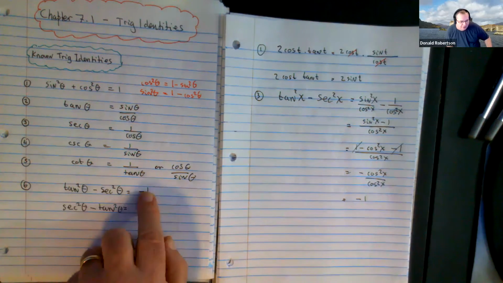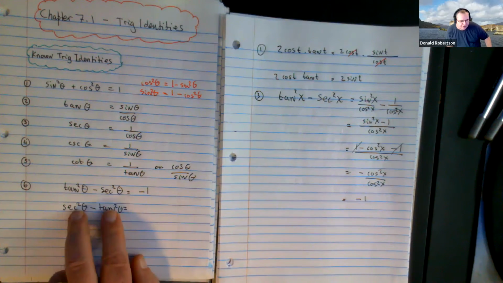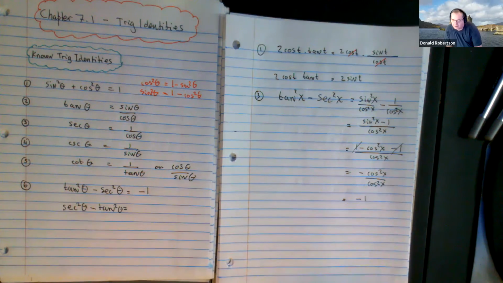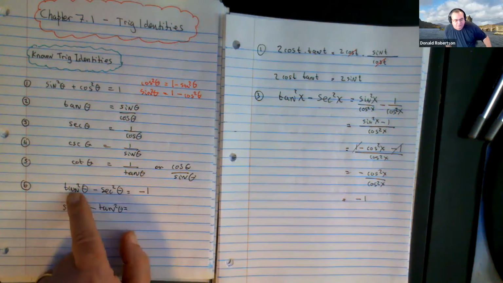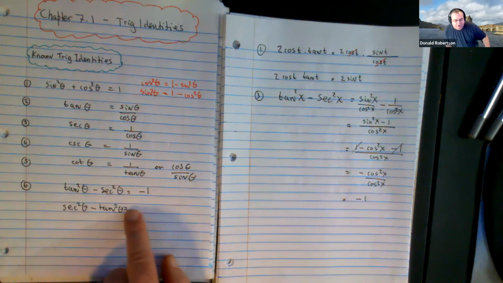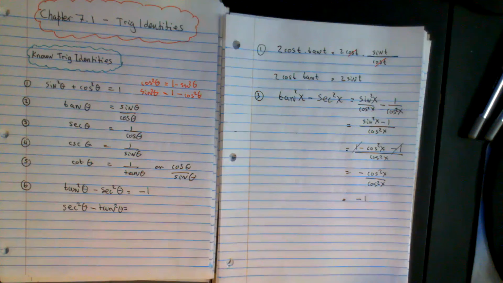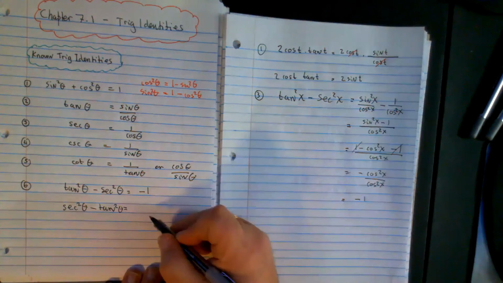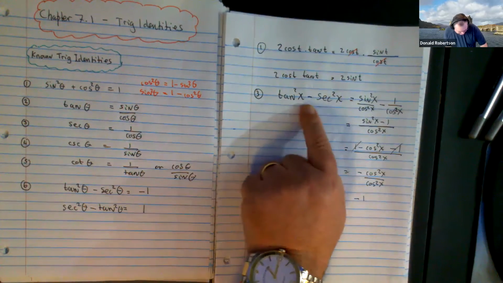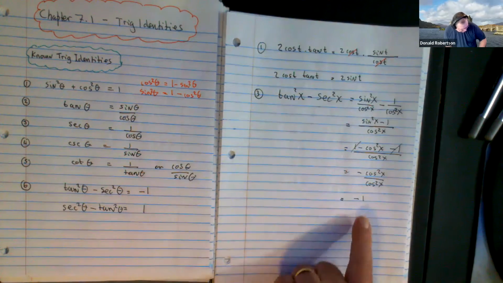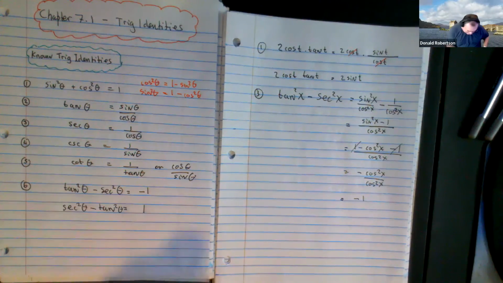This way around, you get minus 1. If you switch places, what number do you get now? Any suggestions? Plus 1? Yeah, you can check it out. You could do secant squared take away tan squared and go through all this work and find out that it's 1.